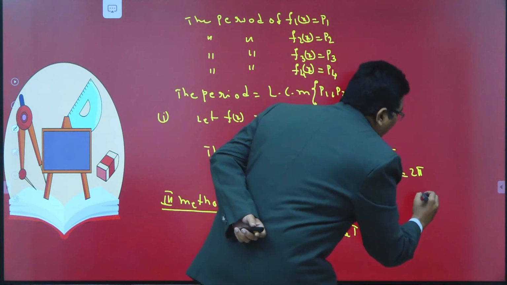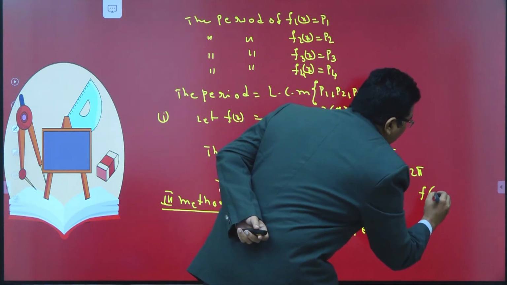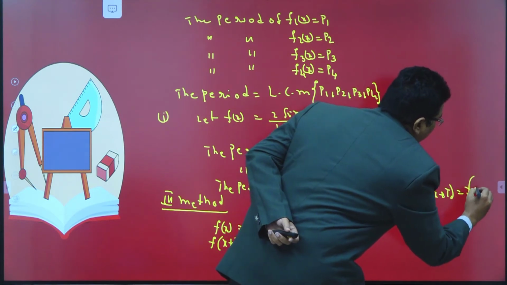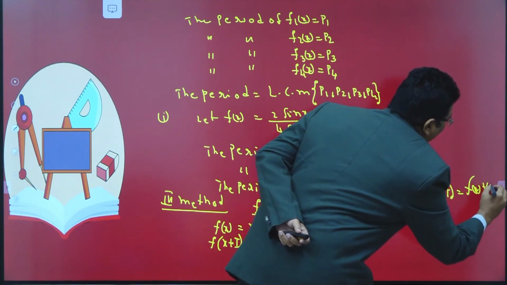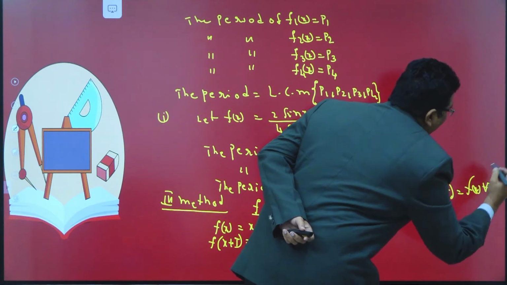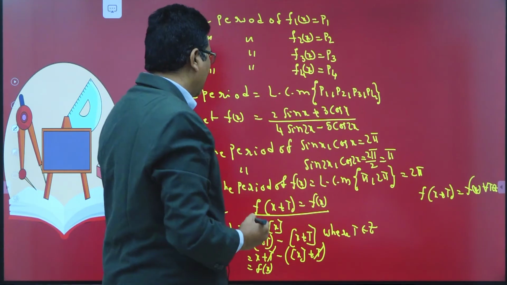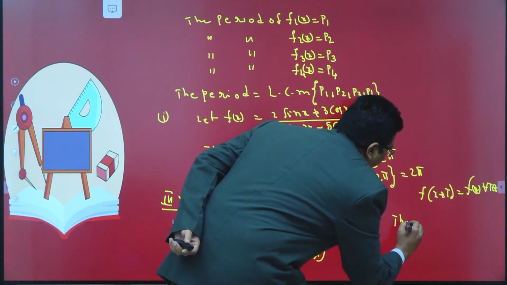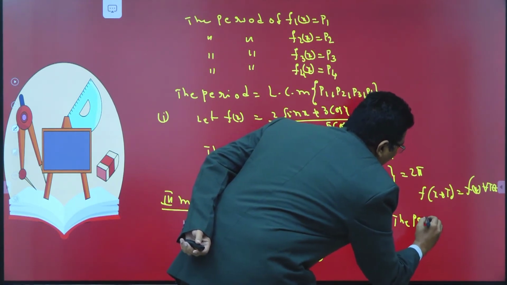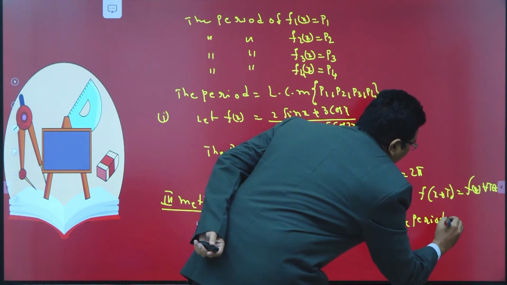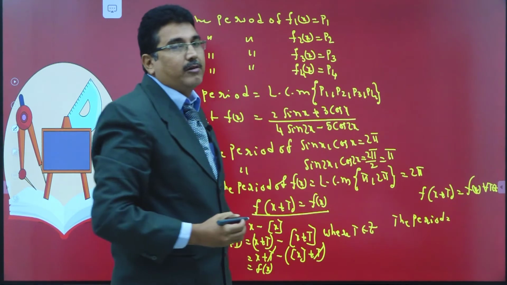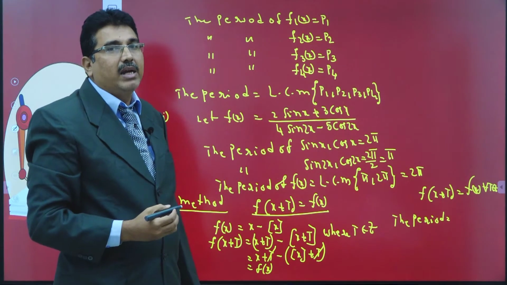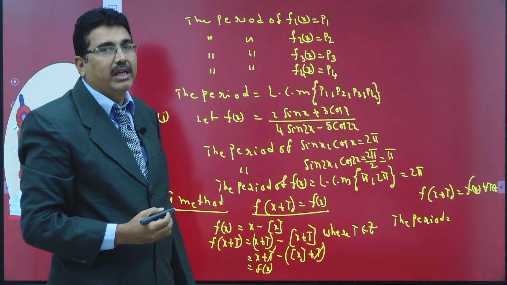Right, now at this time, what is the period of the function x minus box x? The period of f of x is the least positive integer, by the definition of period.